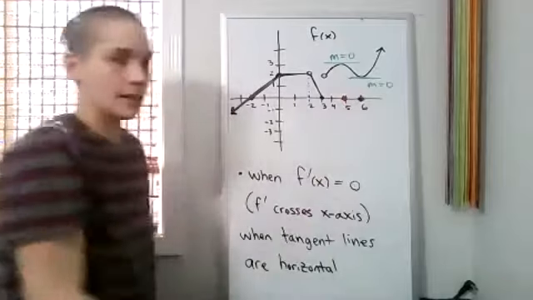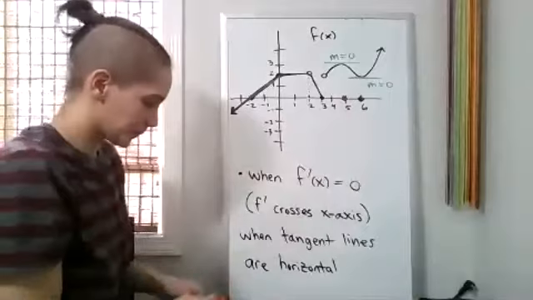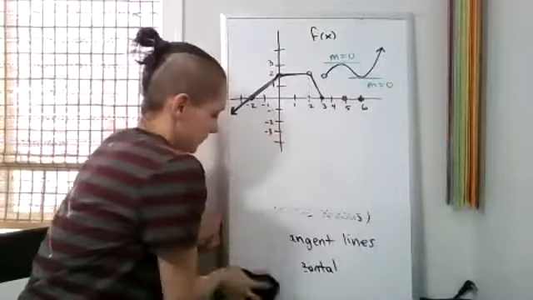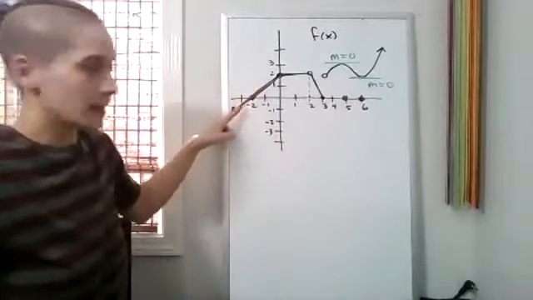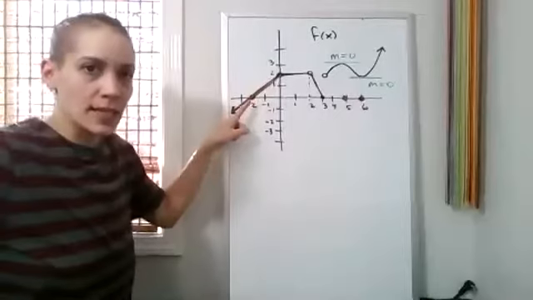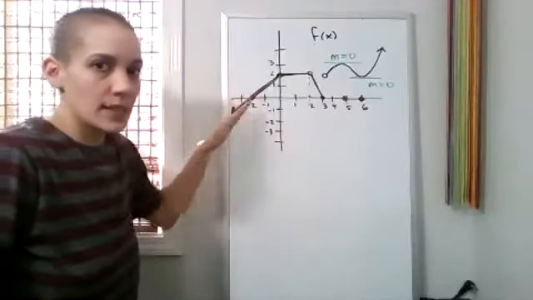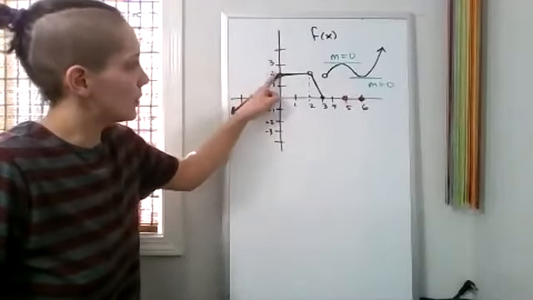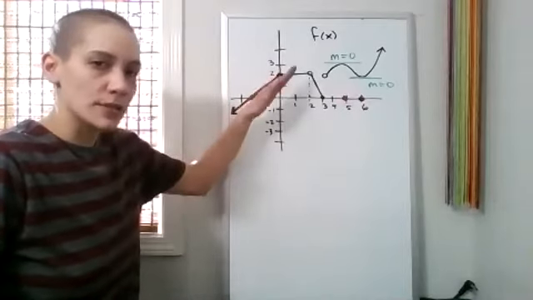I'm going to start from this side and work my way over. Let's look at this piece here. This part is a straight line, and the tangent line sits right on it, with a slope of up 1 over 1, a positive slope of 1.